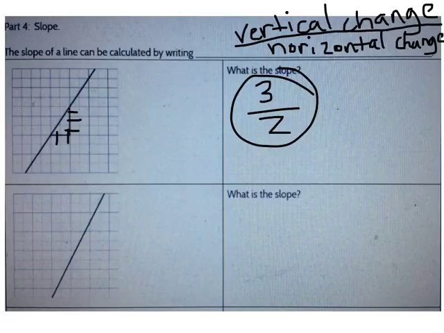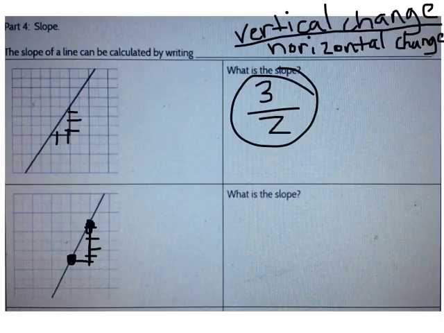I can find two perfect points on the line to help me find the slope. With the two perfect points I've selected, the vertical change is 1, 2, 3, 4.